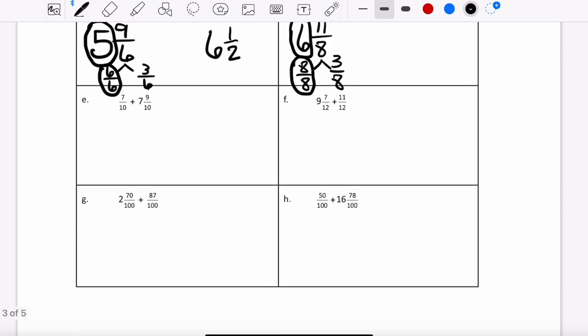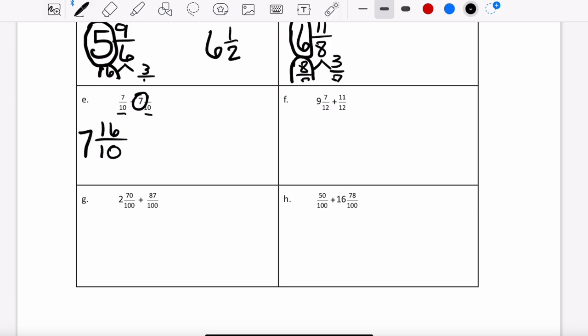Okay, looking at the next one. We have 7/10 plus 9/10. So 7/10 plus 9/10 would give us 16/10. We make sure we bring our whole in front, which is 7.